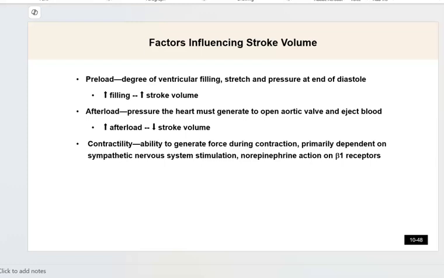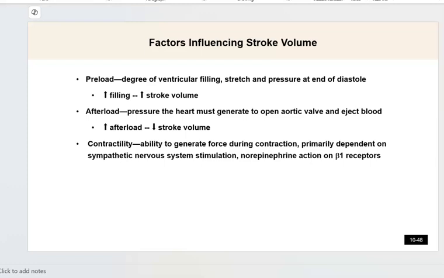So preload and afterload: if I go down in preload, I go down in stroke volume. If I go up in preload, I go up in stroke volume. But afterload is inverse. So if I increase my afterload, I'm going to decrease my stroke volume. If I decrease my afterload, I will increase my stroke volume.